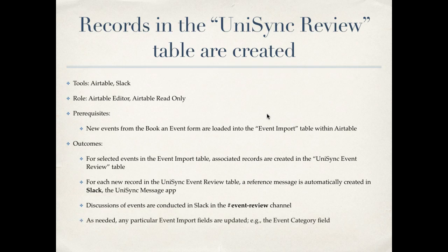As needed, any particular event import fields are updated, for example, the event category field. All associated Unisync event review fields are completed at the end of part 2, for example, the Unisync review date, Unisync lead person, and so on.